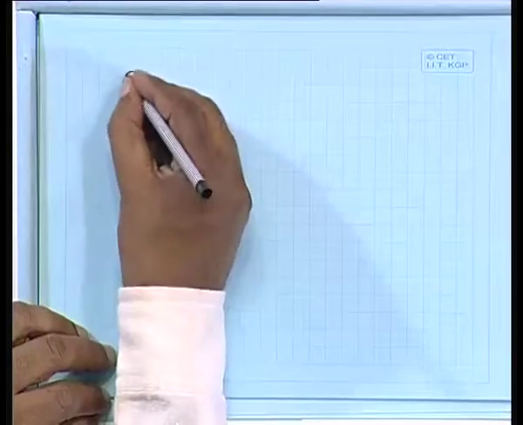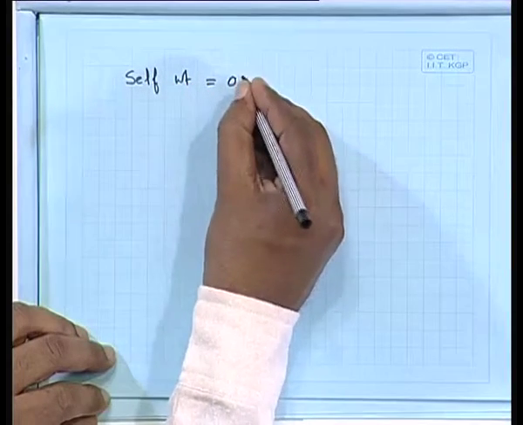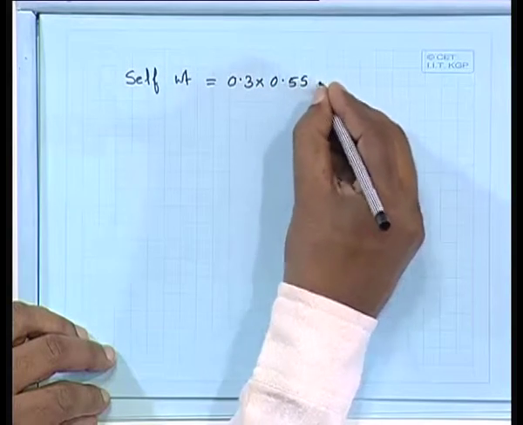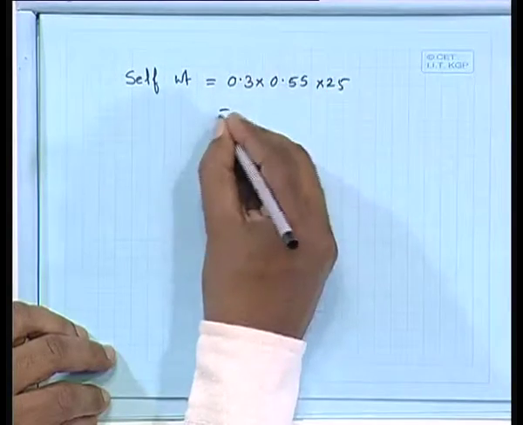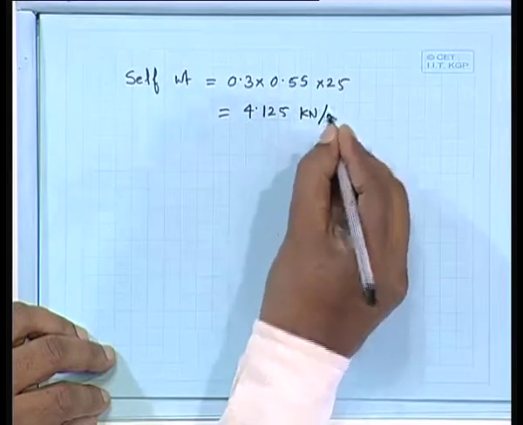Let us check the self weight again. So, 0.3 times 0.55, 550 times 25 comes as 4.125 kilonewton per meter.